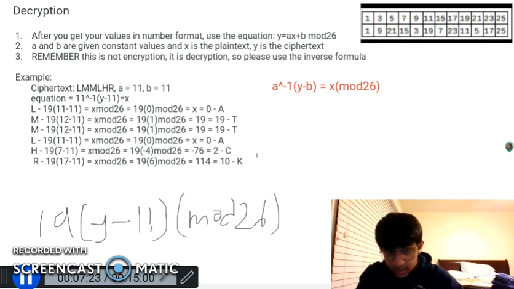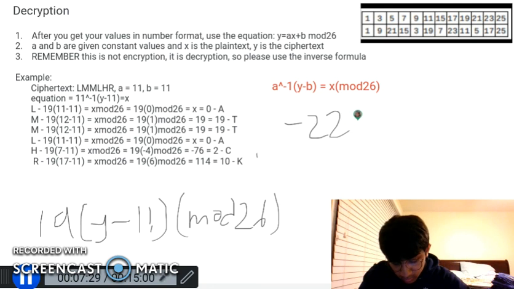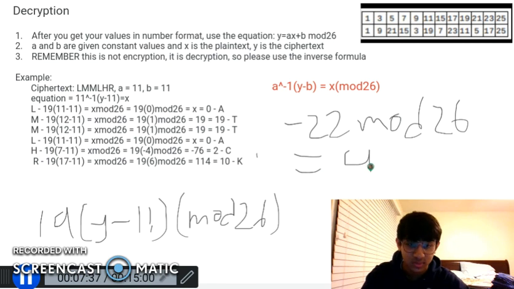Pretend I have negative 22 mod 26. That is not equal to 22. It is in fact equal to 4, because 26 minus 22 is 4. You go backwards.